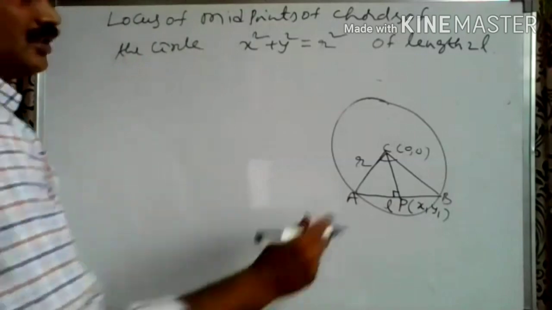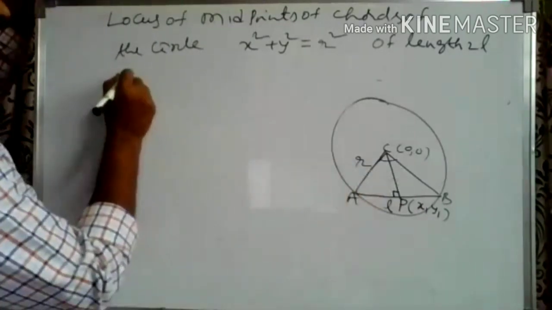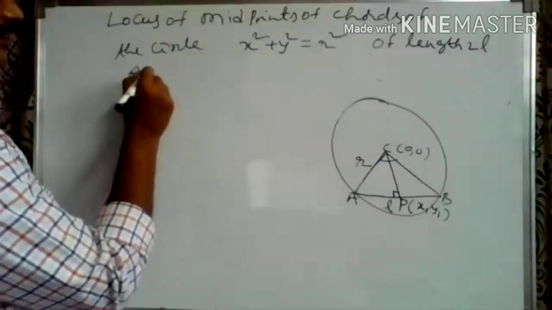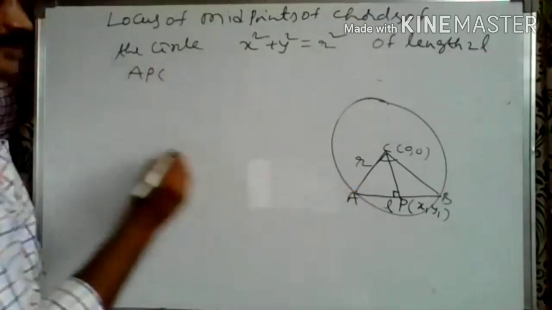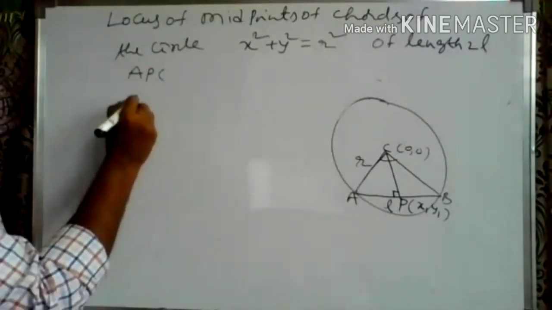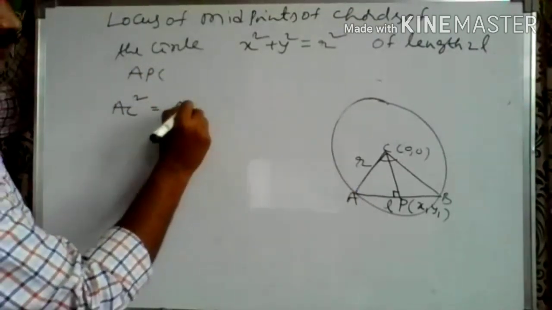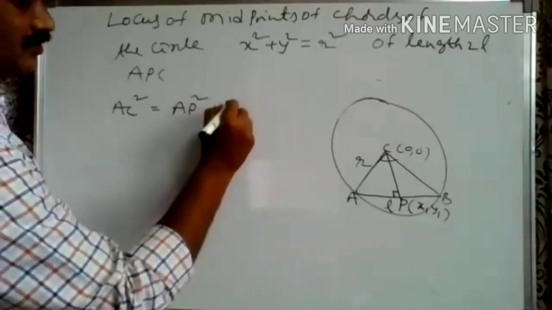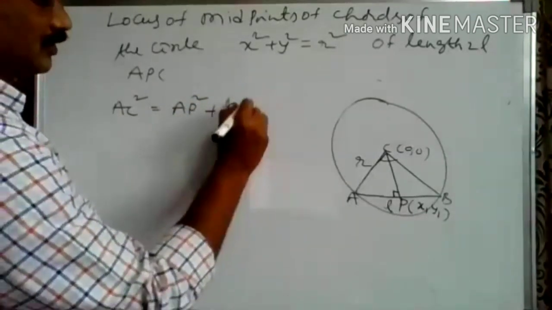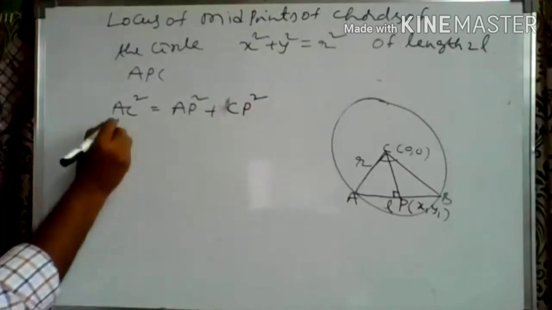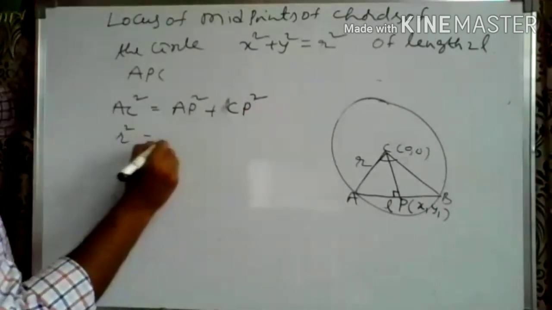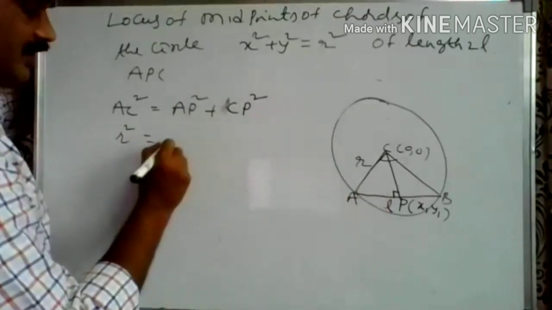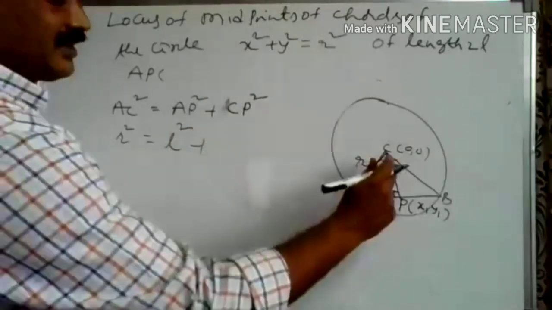Okay, students. From Pythagoras theorem, from triangle APC, AC square is equal to AP square plus PC square. AC square is equal to R square, and AP square is equal to L square plus CP square.